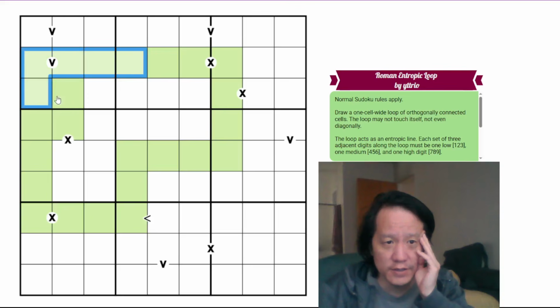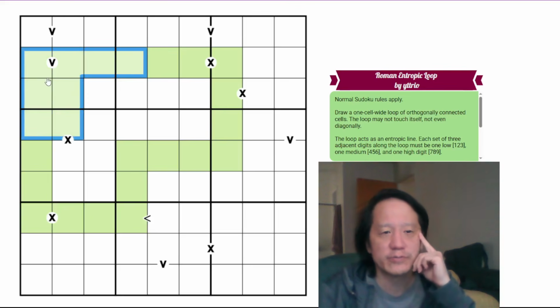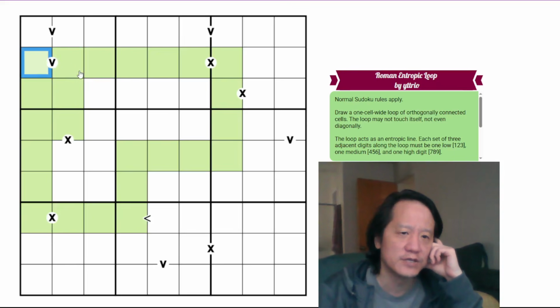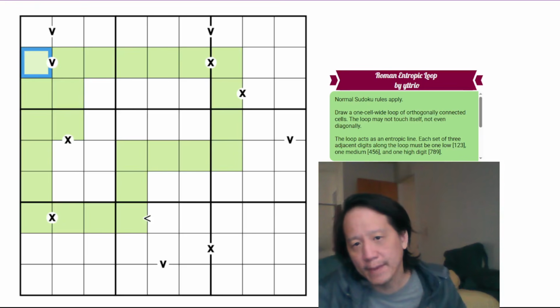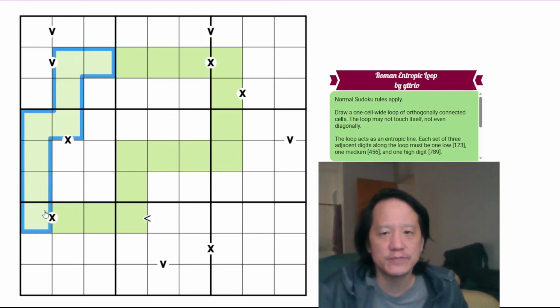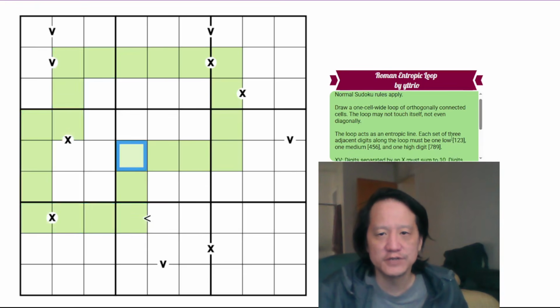Because going like this to here would be considered touching itself on the edge. And in addition, this cell shares an edge with 3 other cells on the loop, which is not allowed. And that's what a 1-cell wide loop of orthogonally connected cells is. That doesn't touch itself, not even diagonally.